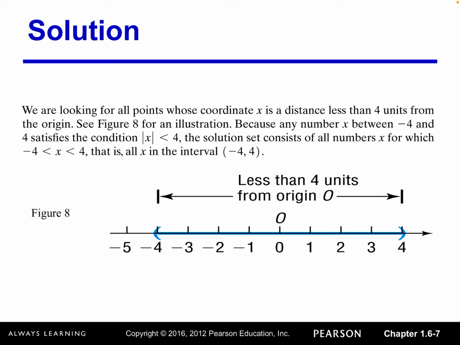So if this is a number line, and this is the 0, if absolute value of x less than 4, that means the distance away from 0 should be less than 4 units. Okay, so that's the boundary, exactly positive 4 units.